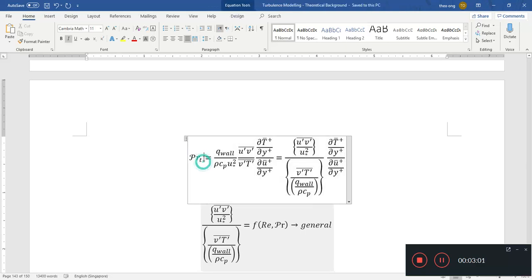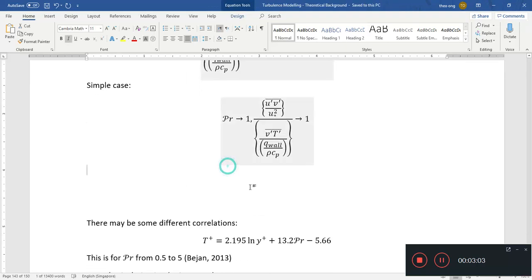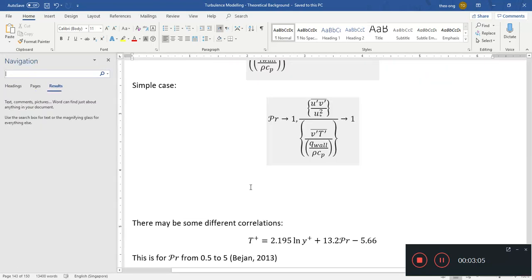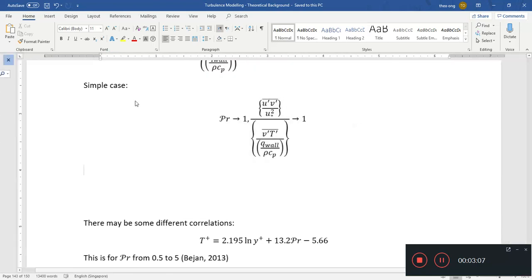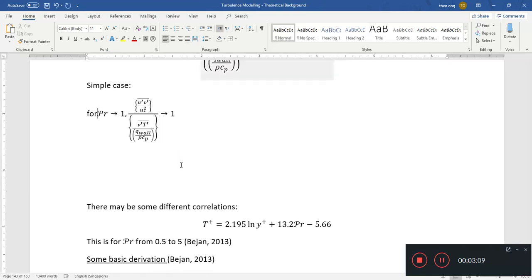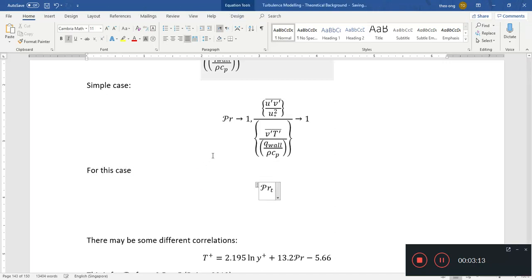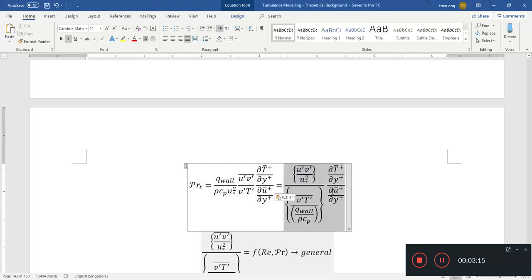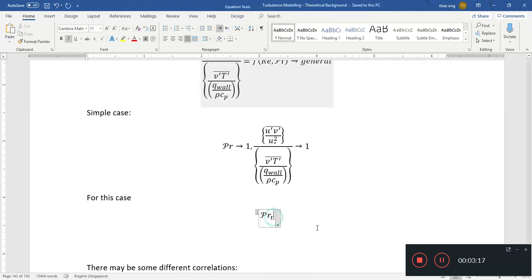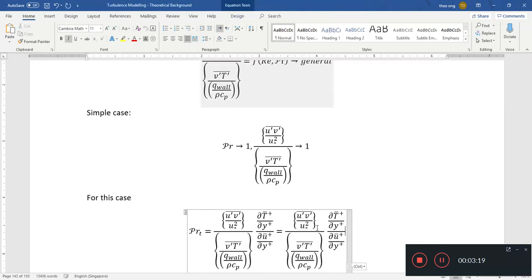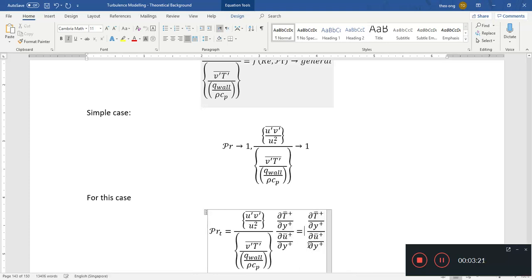So for this case, I'll just make the turbulent Prandtl number equal to 1.